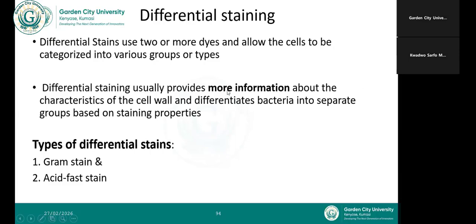This one gives more information because you can differentiate based on the different colors that they exhibit. So there are 2 main types of differential stains in bacteriology. For bacteria studies, we have the gram stain and then acid-fast stain.